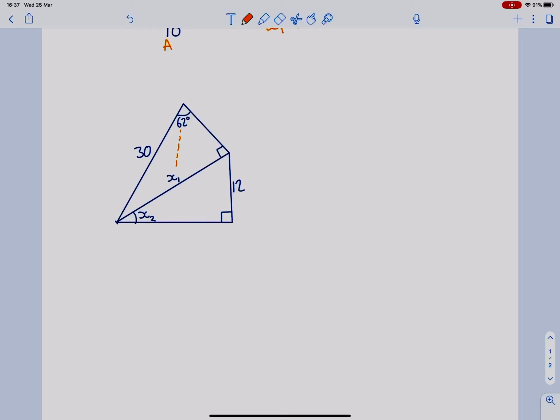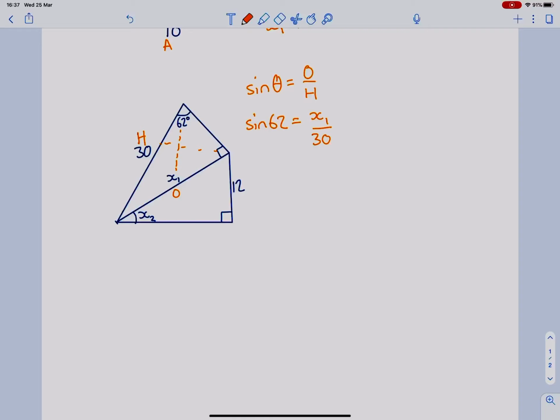You've got opposite the angle, that's O. Opposite the 90 degrees is H. O and H, hopefully now you know, is sine. So sine theta equals O over H. The angle is 62, so sine 62 equals your opposite, x1, divided by your hypotenuse, which is 30.